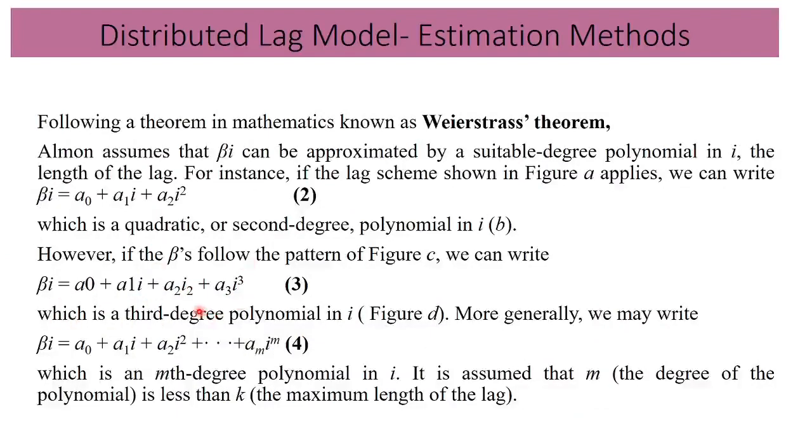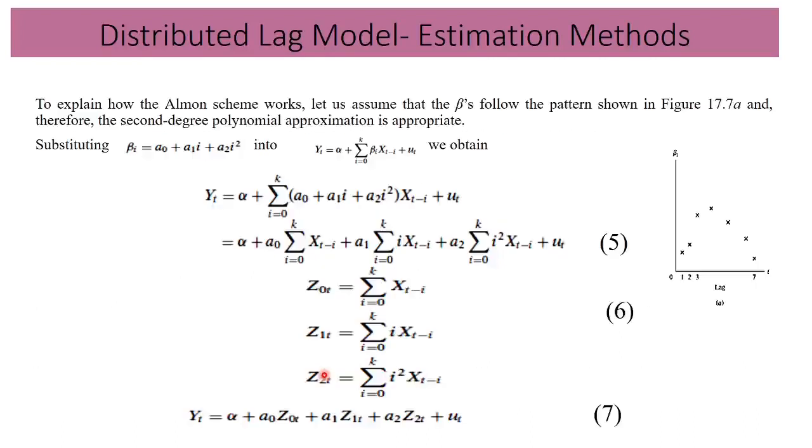Or we can write the equation more generally as beta i equal to a0 plus a1 i plus a2 i square plus up to am i to the power m, an mth degree polynomial. And the Almon approach can be explained as follows, and for that he used the second degree polynomial, that is, if the shape is like this, the compact form is yt equal to alpha plus beta.